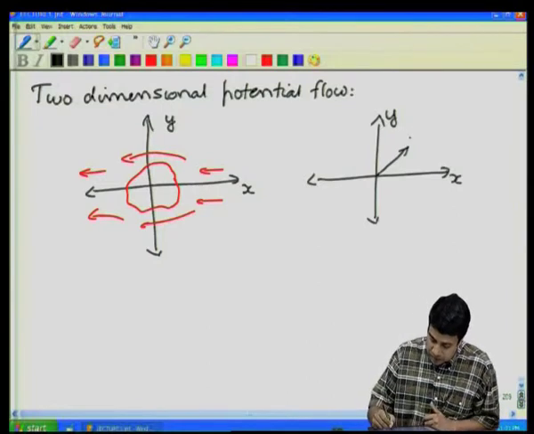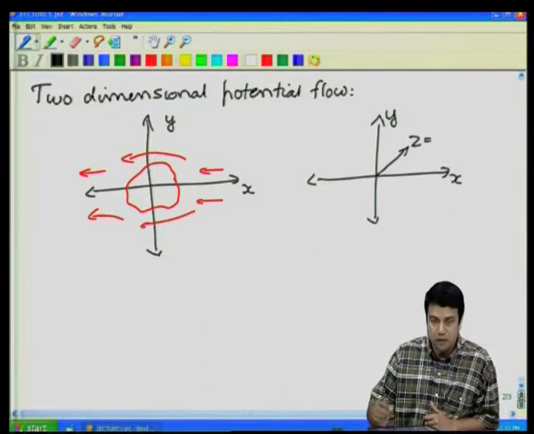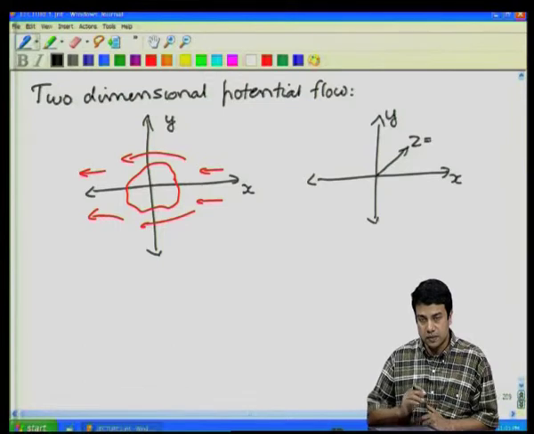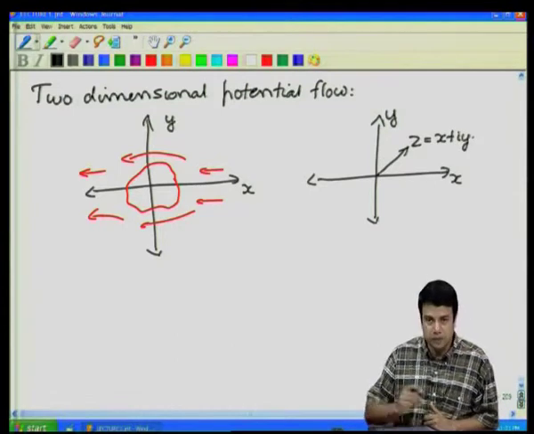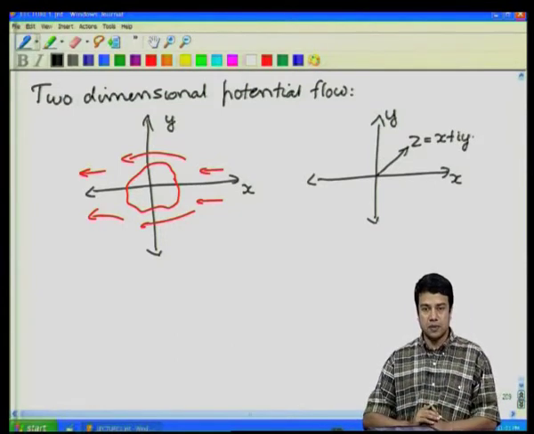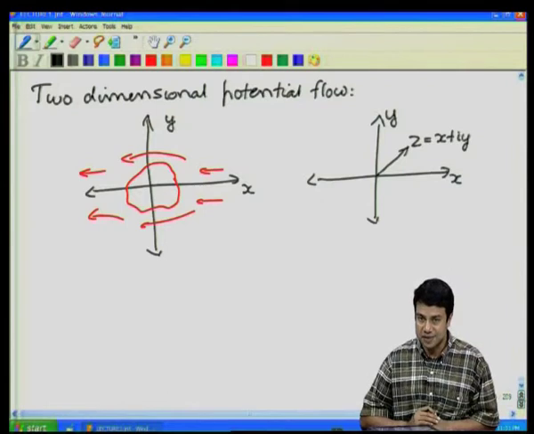So, any location will have one position in the complex plane which has a real part plus an imaginary part. So, we will work in terms of the complex number z itself rather than individually in terms of x and y.